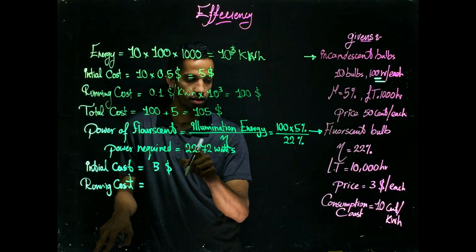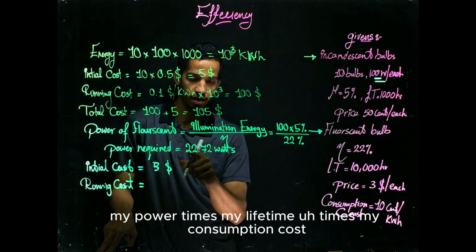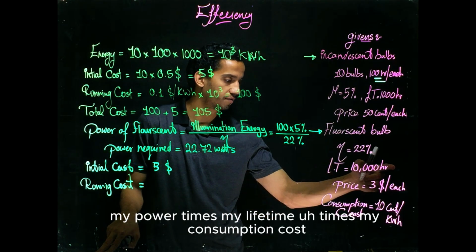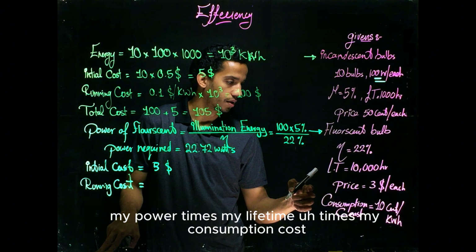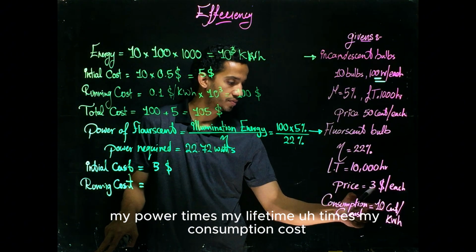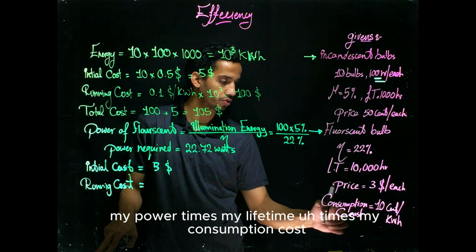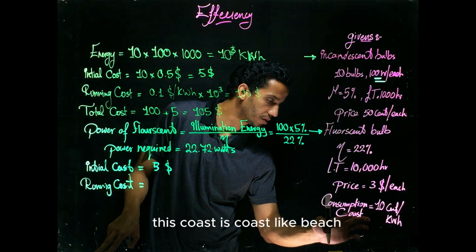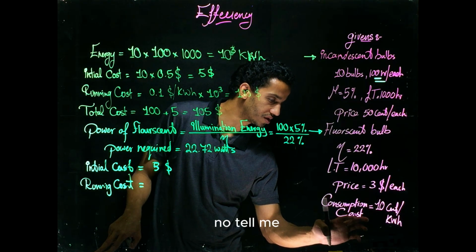Okay, my running cost equals my power times my lifetime times my consumption cost. Cost is cost like each, no. Okay.